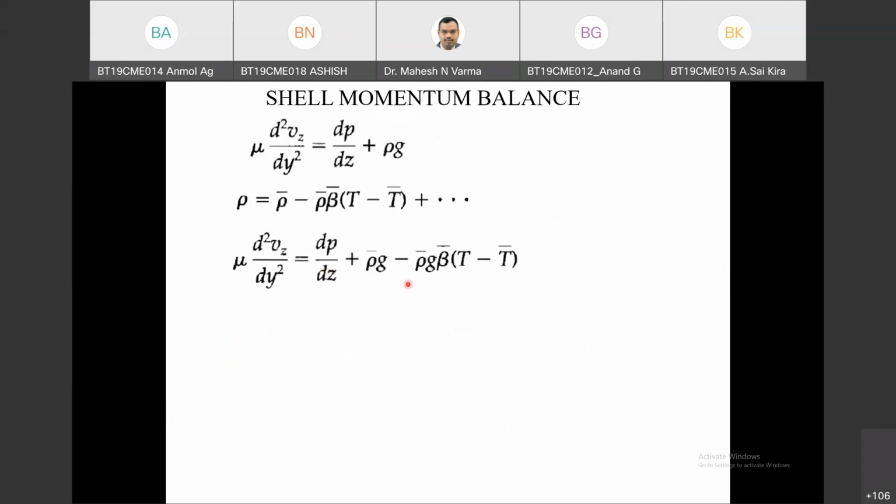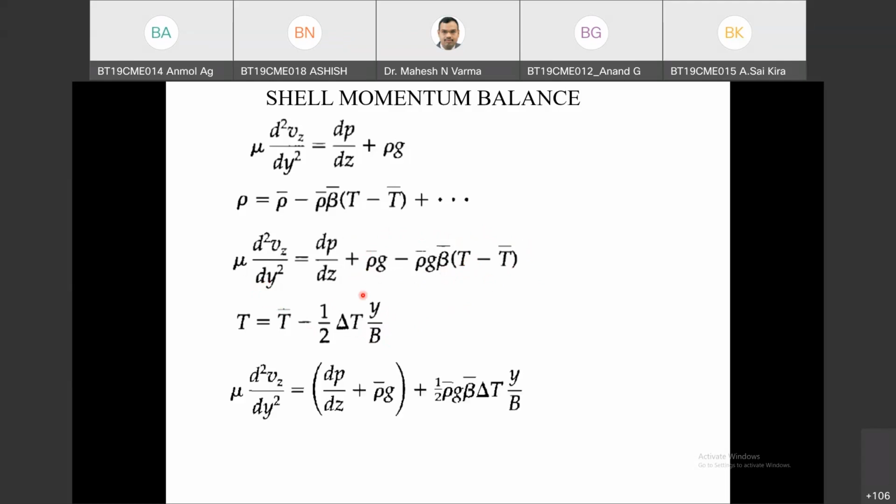Integrate this equation, use the boundary conditions, and use the temperature profile: T is the average temperature minus half delta T y by B. This temperature is also a function of y. Substitute this temperature here, along with the variation of density using the coefficient of volume expansion beta, and integrate this equation.